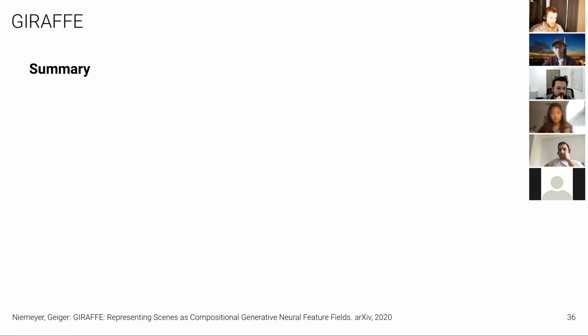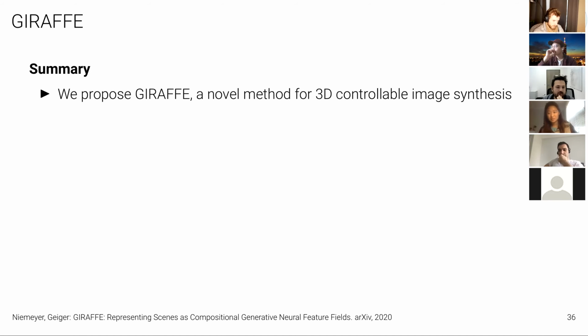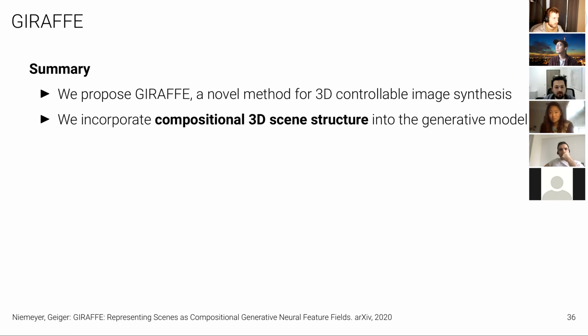Okay, so now in summary, in the second project, we proposed GIRAFFE, a novel method for 3D controllable image synthesis. The key idea here is that we now incorporate a compositional 3D scene structure into the generative model.